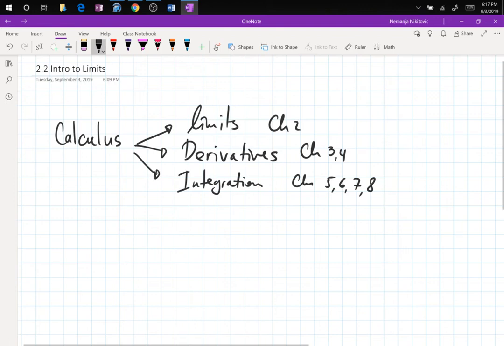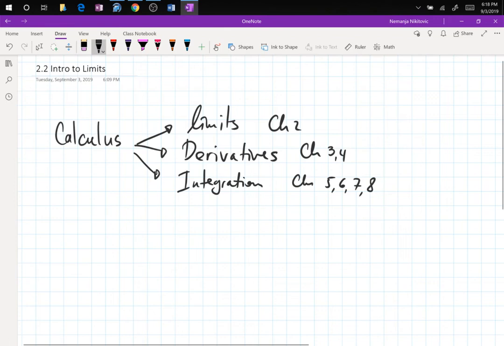Limits are going to provide the base to study everything else. You know how you learned at one point in life addition, and you constantly keep adding, right? 3 plus 7 is 10, hopefully. Limits are in that category, where you will use them to define derivatives, you will use them to define integration, do the Riemann sums. You will use limits to deal with sequences and series in Calculus 2.